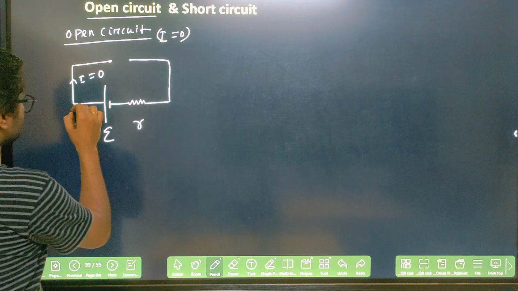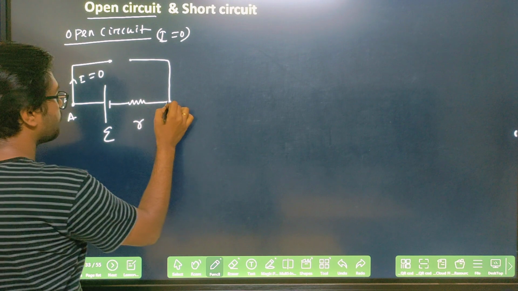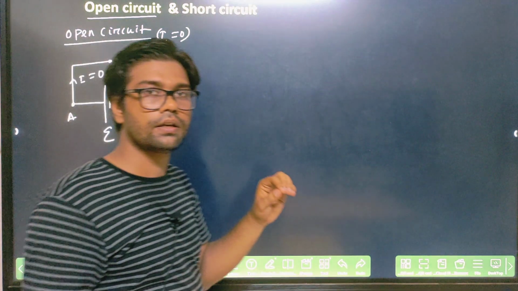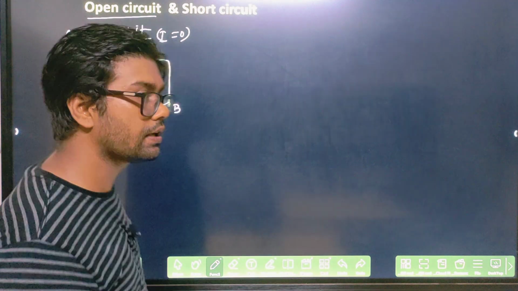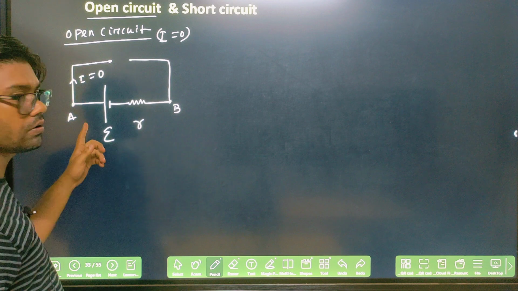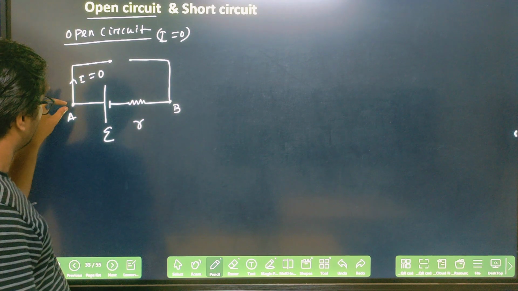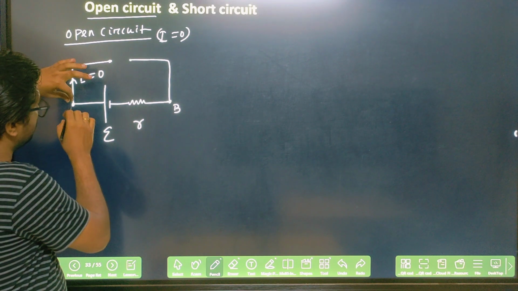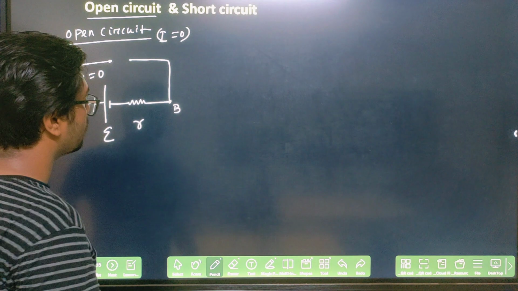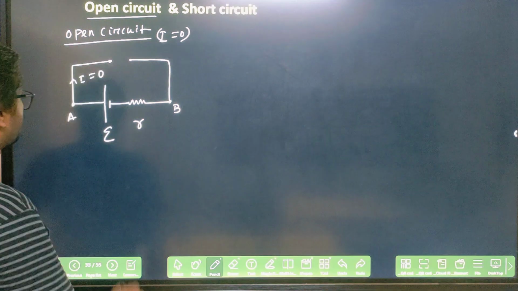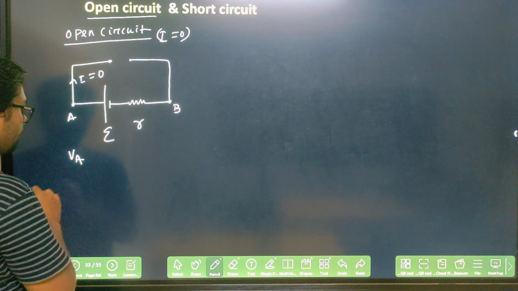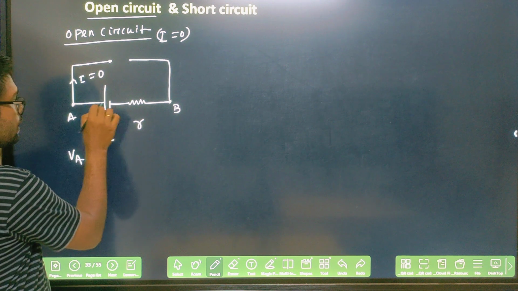Now if I take this as point A and this as point B, you know that points A and B are called terminals. Now can you find the difference between the potential at A and the potential at B, that is the terminal potential difference? We can write VA, and I am going in this direction.